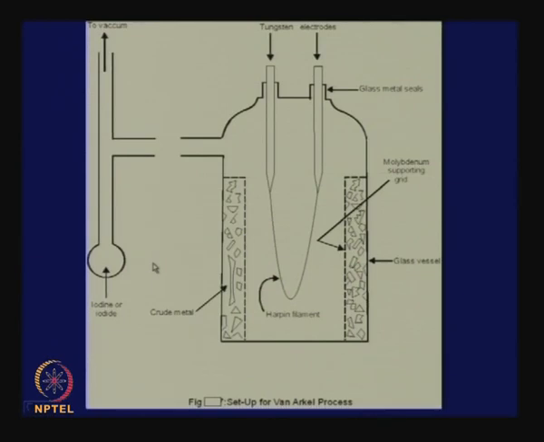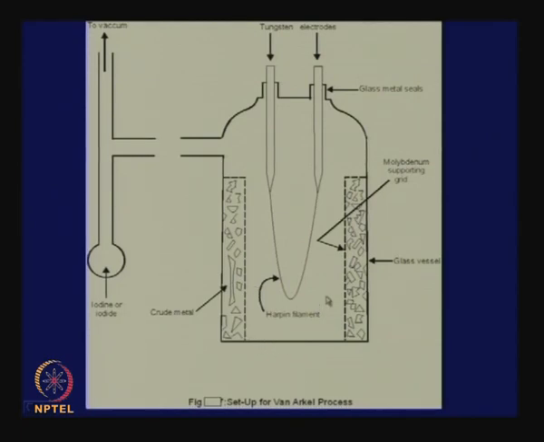When we have got a very thick filament, we will cut it off, put another tungsten wire, and put more crude tungsten here, and we will do the purification. Of course, it is a very schematic diagram.